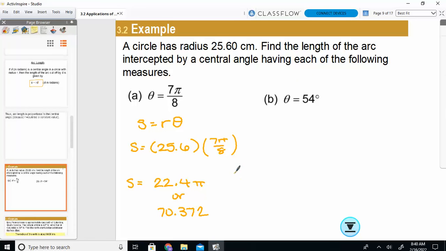What would my units be? Arc length is a distance on the outside of the circle, so it'll always match your radius. So it's just centimeters. I thought S was radians. Theta has to be in radians. Theta is the angle.